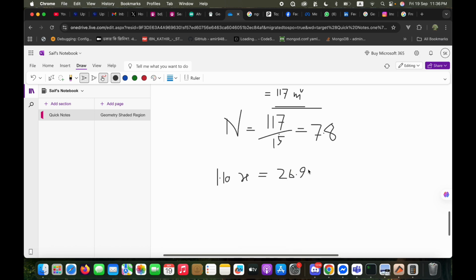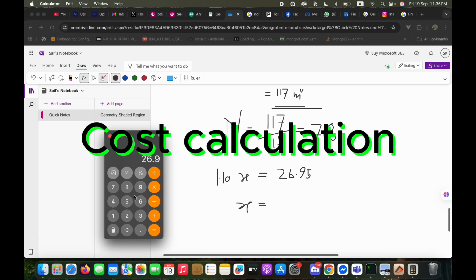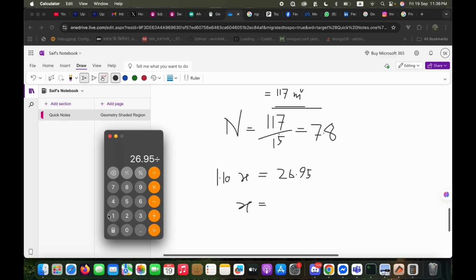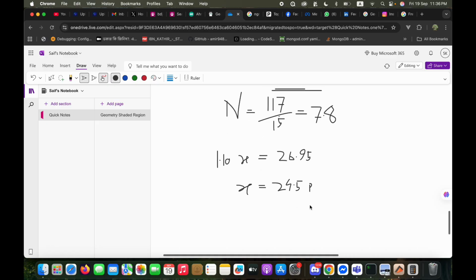So what is the value of X, the actual cost of each tin of paint? Using the calculator, 26.95 divided by 1.10 is 24.5. So 24.5 pounds is the cost of each tin of paint without the 10% increase.